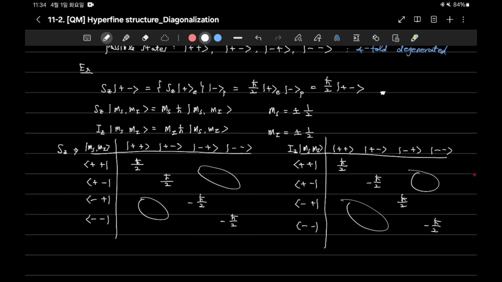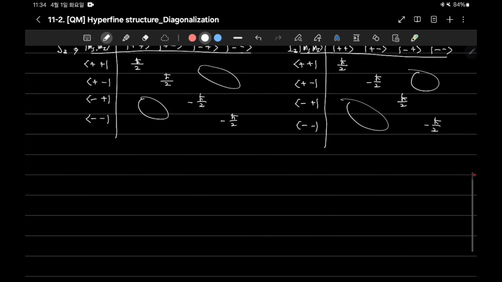Then the hyperfine Hamiltonian contains S·I, which is Sx Ix plus Sy Iy plus Sz Iz. We already defined the ladder operators for spin: S+ is Sx plus i Sy, and S− is Sx minus i Sy.